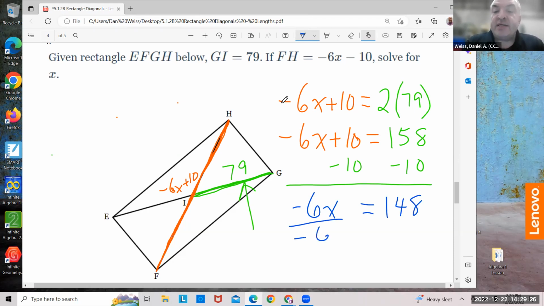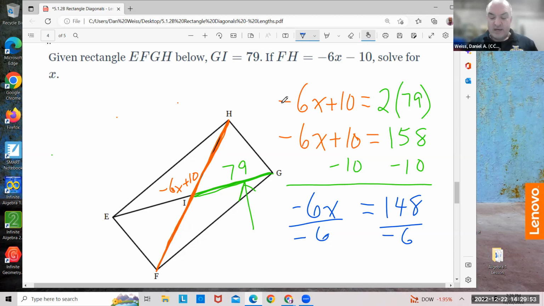Divide by negative 6. I'm going to use my handy dandy calculator. Because offhand, I don't know what 148 divided by 6 is. I did something wrong.